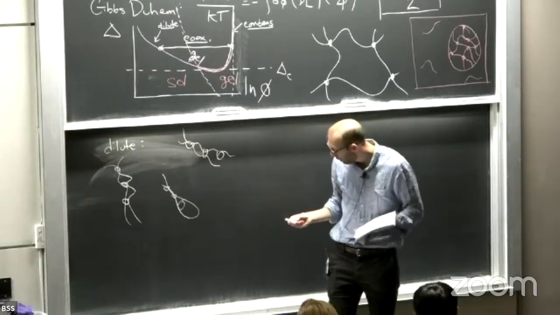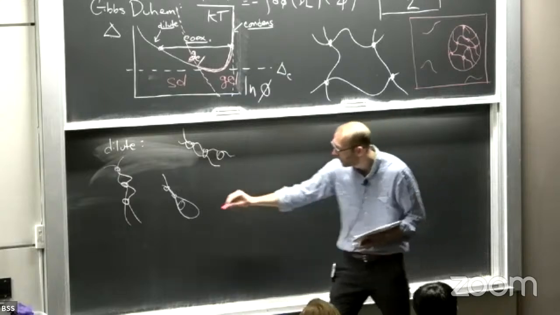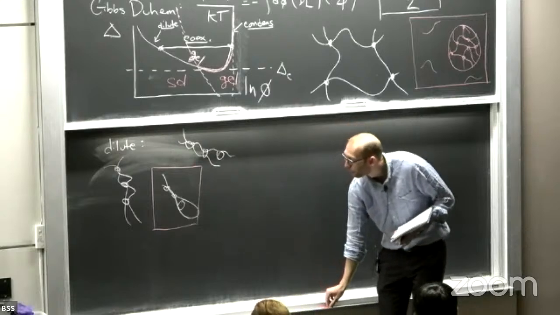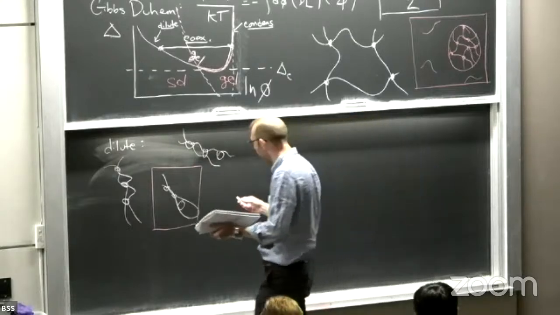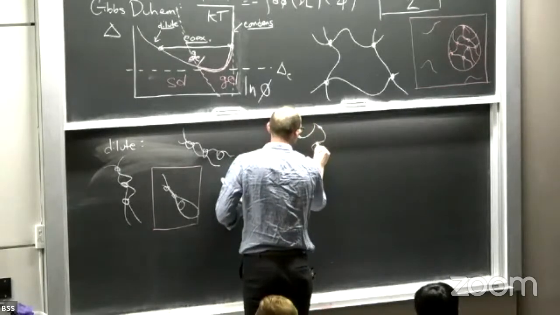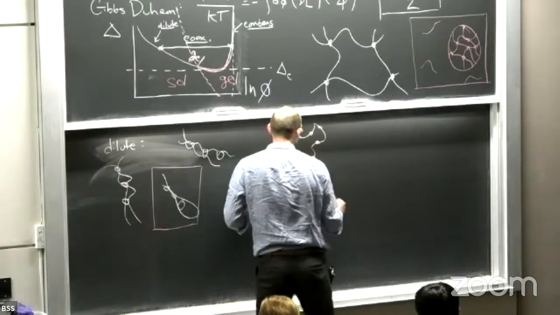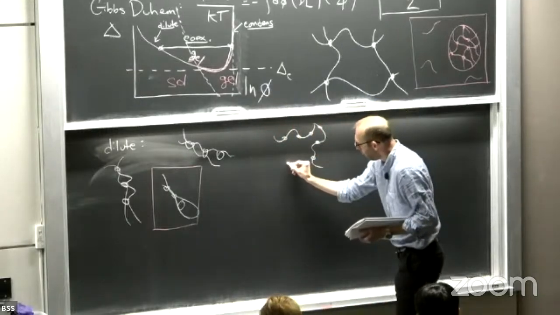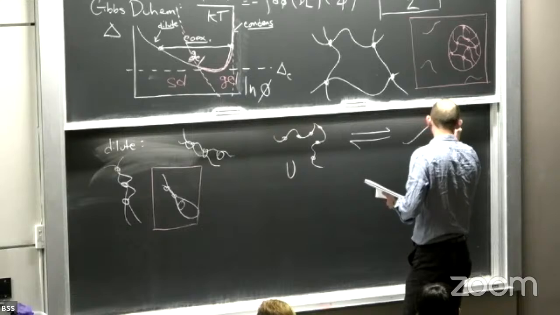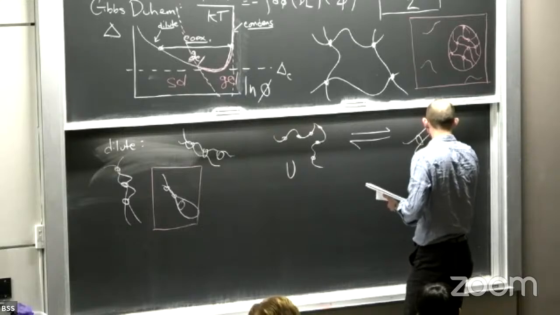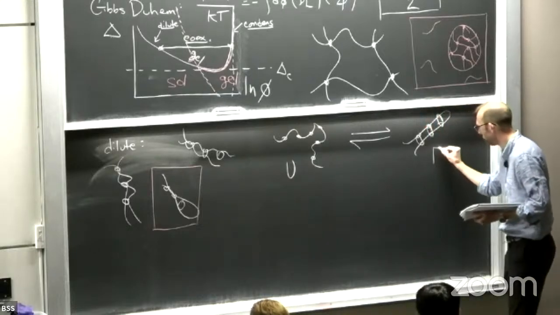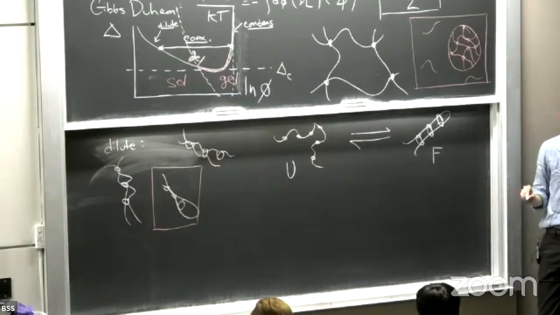So if we particularly focus on the possibility of folding, then we can say that in a dilute phase, we can have chemical equilibrium between this unfolded polymer U and a folded polymer that looks like this.